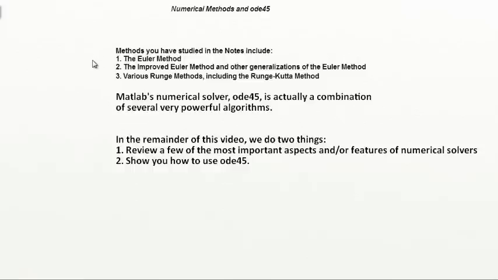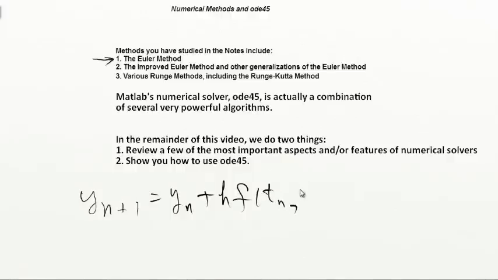For the record, I'd like to write down the formula for the Euler method, just to recall. y_{n+1} is equal to y_n plus h f of t_n, y_n, where h is the so-called step size, and it's the difference between the t's. The assumption is that the t_j's are equidistant, equally spaced.